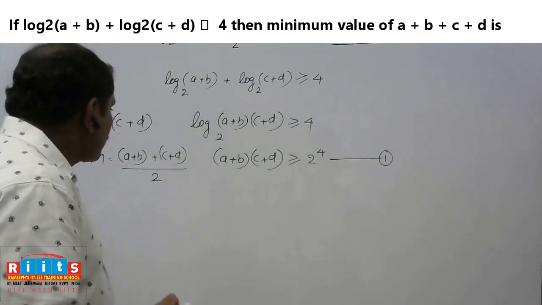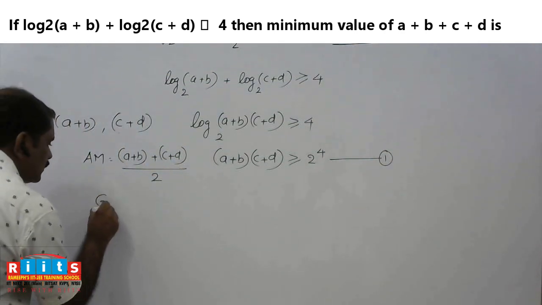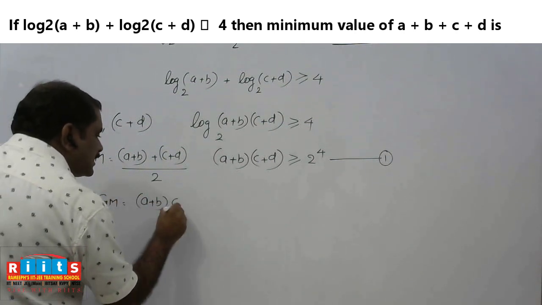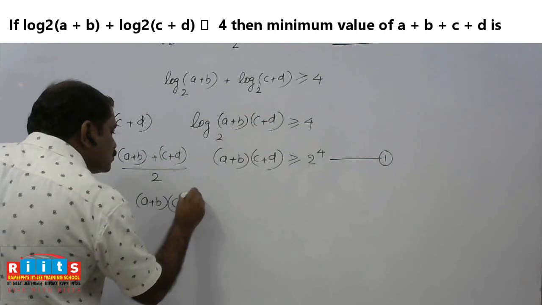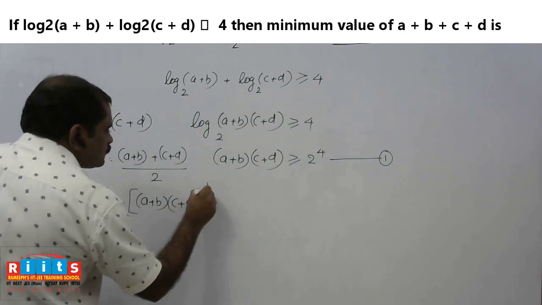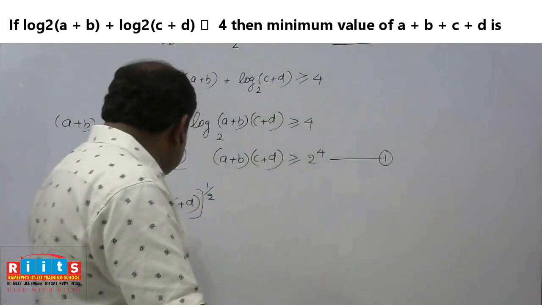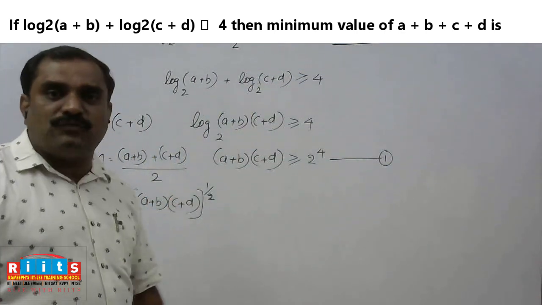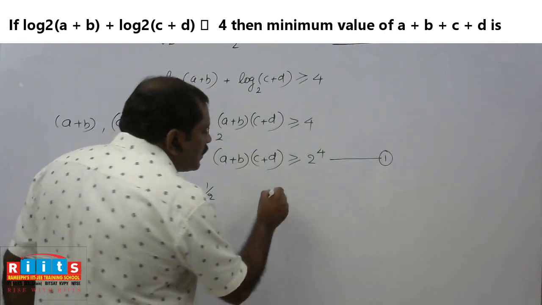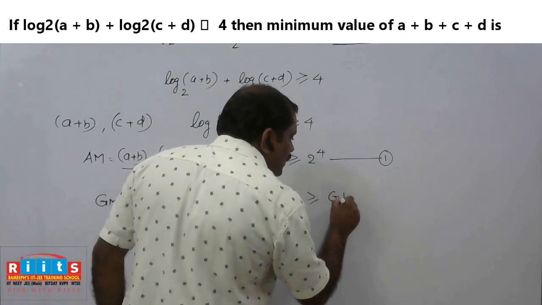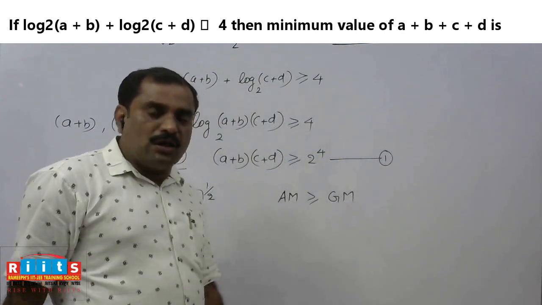What is the geometric mean of these two numbers? That is (a plus b) into (c plus d), the whole raised to 1 by 2. We have a famous inequality: arithmetic mean is greater than or equal to geometric mean.